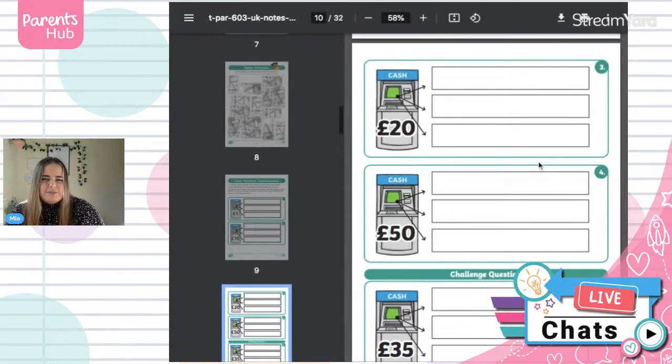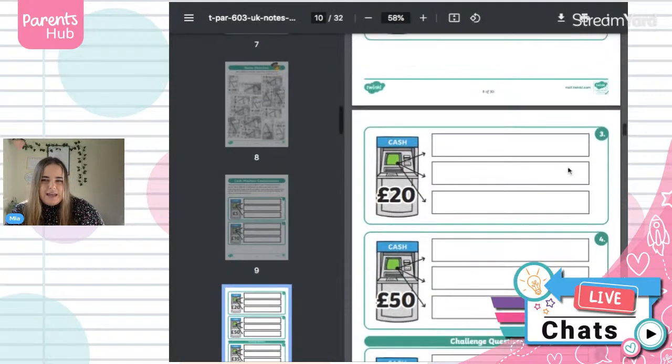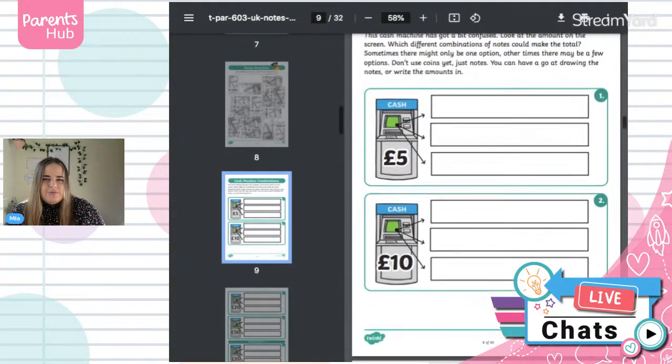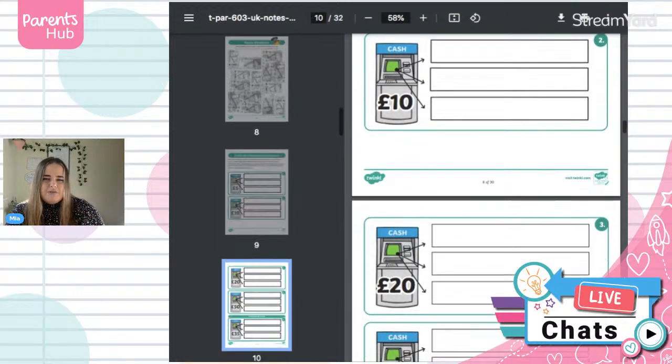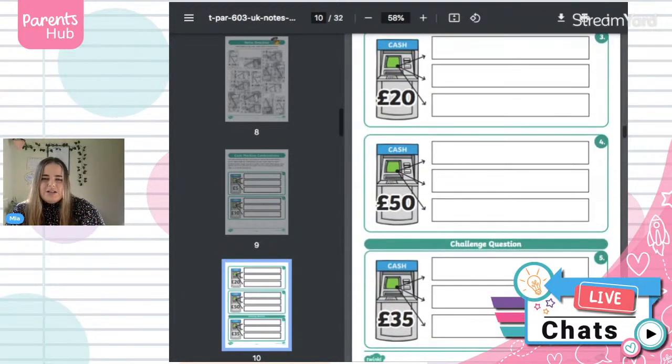We've got lots of different cash machines: £5, £10, £20, and a challenge of 35. Your child will realise that you can't have a £35 note, so they would need to add notes together, which again you can do with play money, real money, or pictures of money that you've printed out.